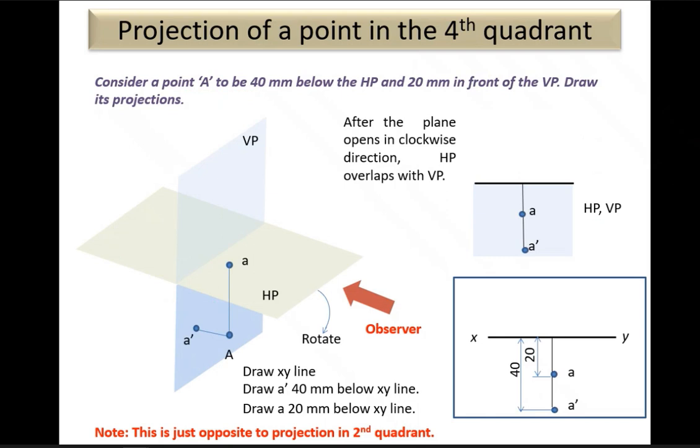We have a similar case for the fourth quadrant. Consider a point A to be 40 mm below HP and 20 mm in front of VP. Draw its projections. Since it opens in a clockwise manner only, again HP and VP both lie below the XY line.